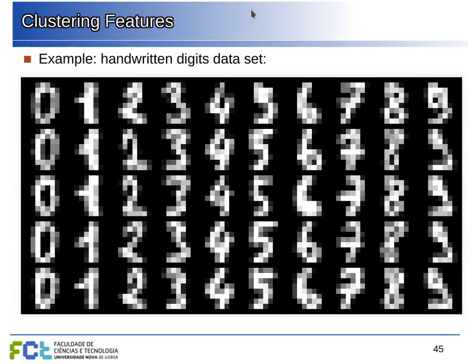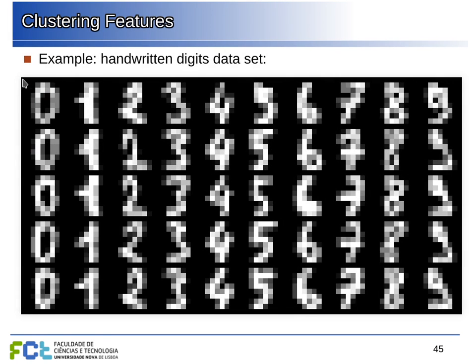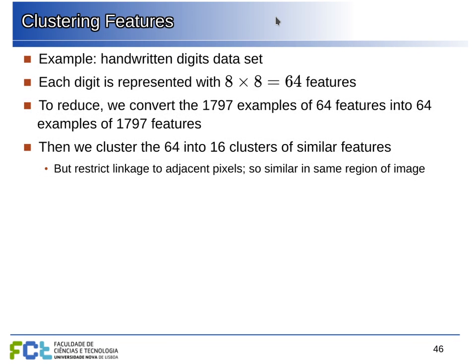So let's see an example with the handwritten digits dataset. This is a dataset that you have available in scikit-learn, and it represents these handwritten digits with small matrices of 8 by 8 pixels. So basically we have 64 features for each digit, which is the array of 8 by 8 pixels we have here. Each feature varies from 0 to 1, which are the values of intensities that we can get here.